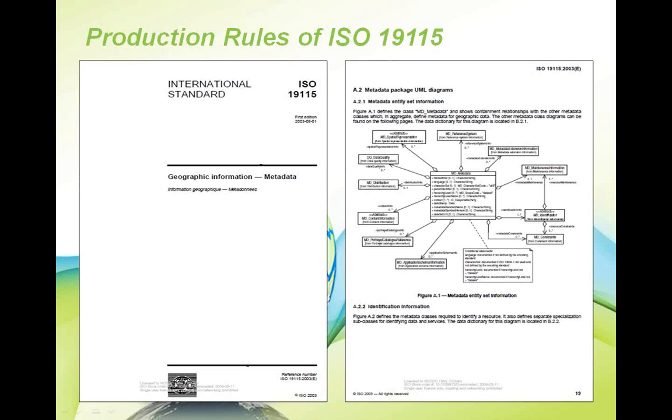The standard utilizes UML diagrams and tables to describe the standard. So this is actually a screenshot of the front page of the standard, and this is what some of the UML inside of the standard looks like. This is what they use to describe the object-oriented relationships and how things are ordered in this standard.